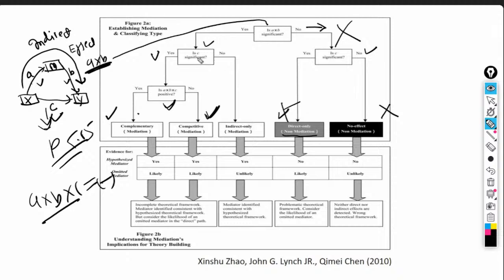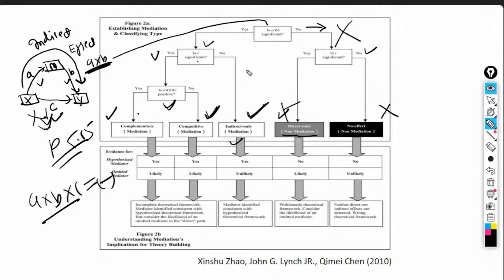And if C, the direct effect, is not significant, it means it is full mediation, and this is known as indirect only mediation. So Baron and Kenny divided mediation conditions into three parts.